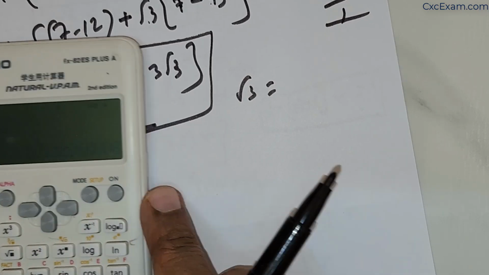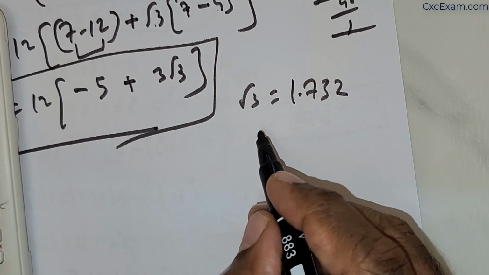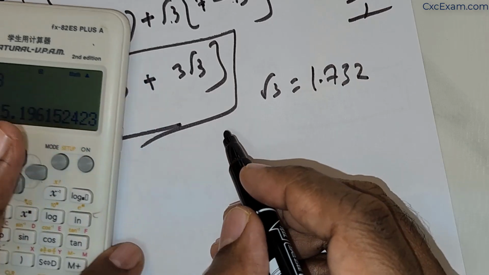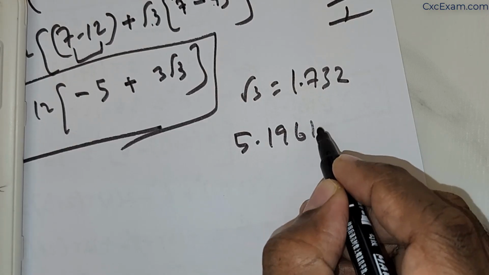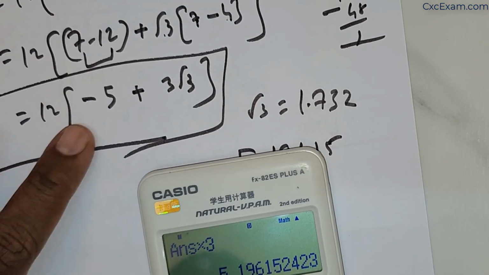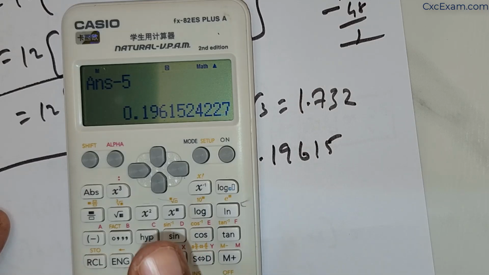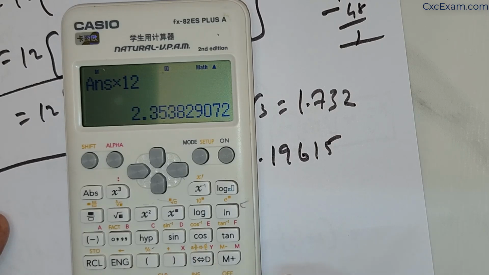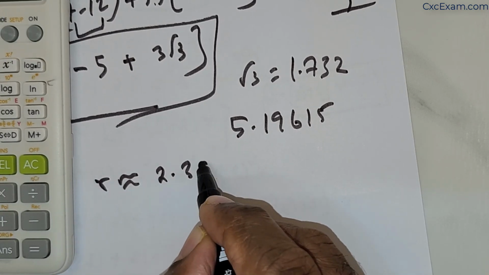That's 1.732. You multiply 1.732 with 3, you get 5.19615, right? You take away 5 from that, right? It's minus 5. Multiply by 12, and R is approximately 2.354.